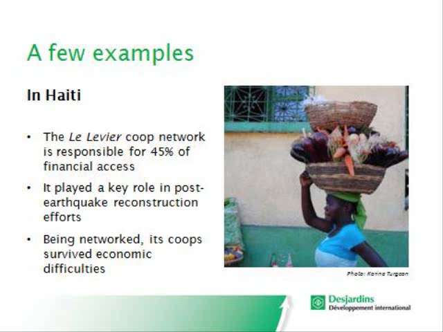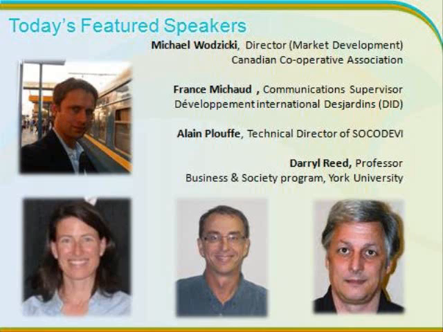The fact that the base cooperatives that are integrating Le Levier are part of a federated network makes them much stronger and helps them survive the economic difficulties that resulted from the earthquake. Today, most of the indicators posted by Le Levier show a clear growth compared to 2008, in spite of the tragic events of 2010. So this concludes this chapter about co-ops and financial inclusion.